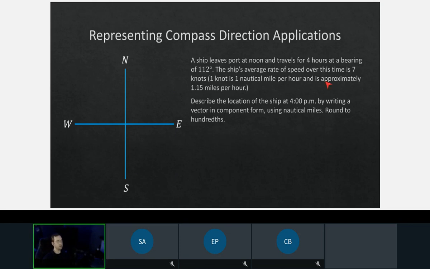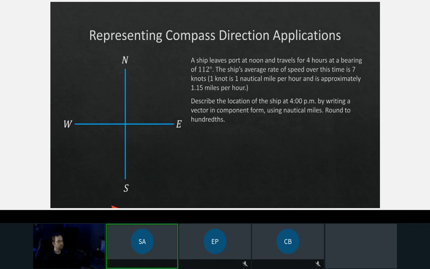All right, someone else want to read this one to us? Sarah, go for it. Representing compass direction application. A ship leaves port at noon and travels for 4 hours at a bearing of 112 degrees.